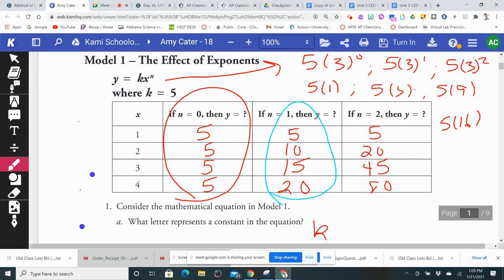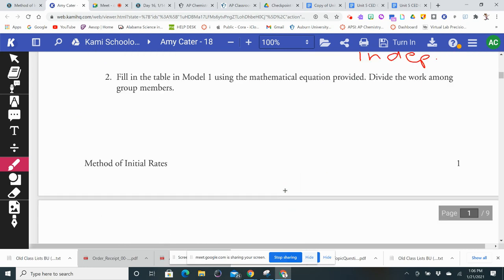Now, they're not the same numbers. Okay? They're the same proportion. So whatever happens to x, if x triples, y triples. If x doubles, y doubles. If x were to quadruple, what happened to y? It quadrupled. Okay? That wasn't a question, but.